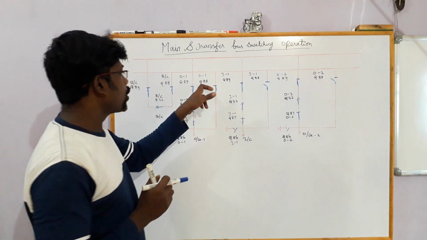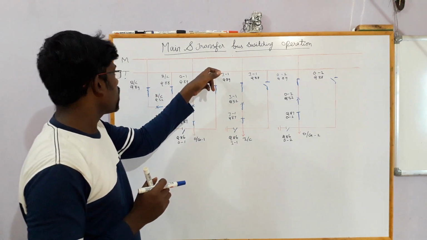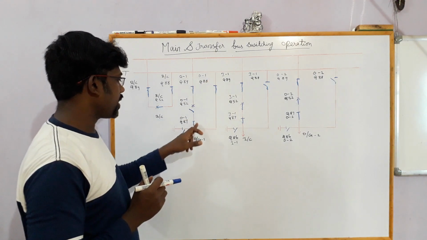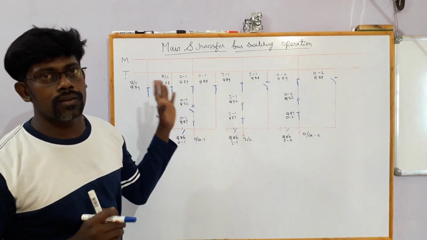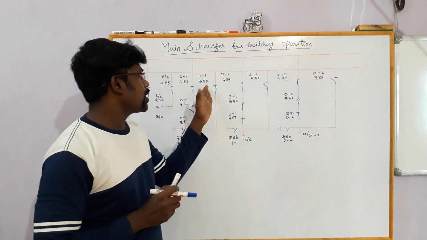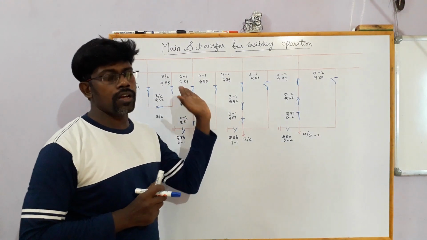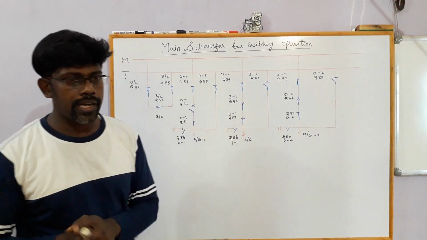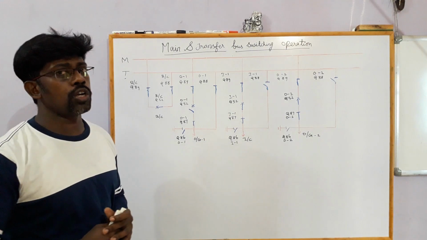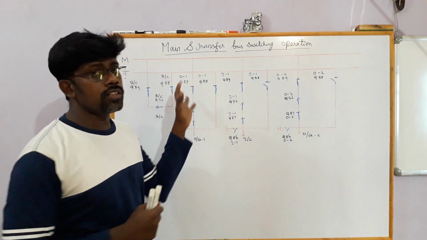Still Q88 is connected to the transfer bus, so from here it is continuously supplied without power disruption. But in on-load we cannot close this isolator, because if you close an isolator on load it gets a huge spark and the isolator gets damaged. So to avoid this we go for this method.